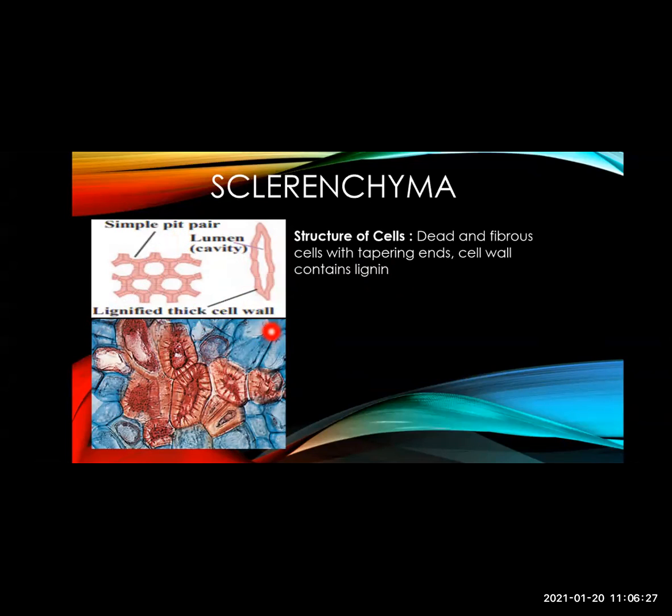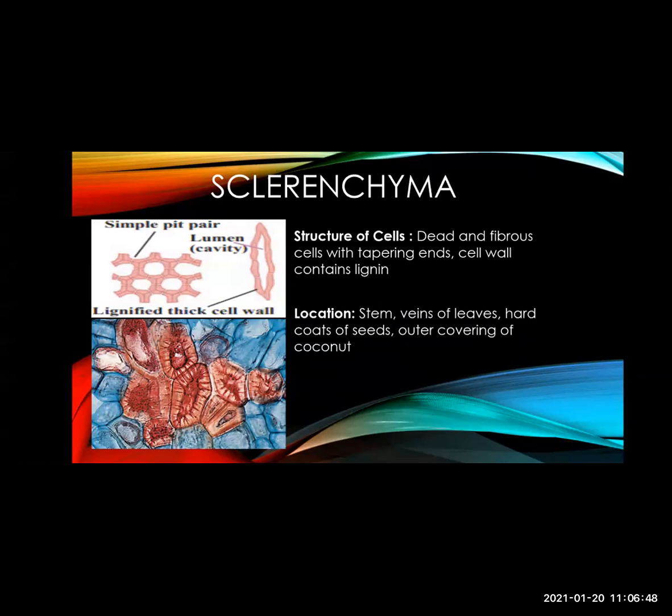Okay, I'll repeat it again. Sclerenchyma are dead and fibrous cells. These cells are elongated and tapering at both the ends. The cell wall is made up of lignin and it is also thick as compared to collenchyma.